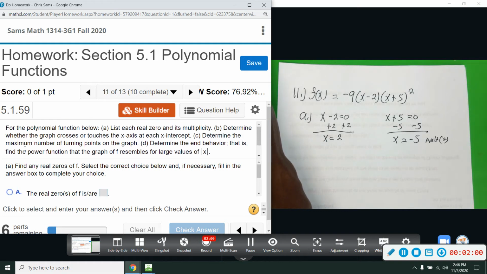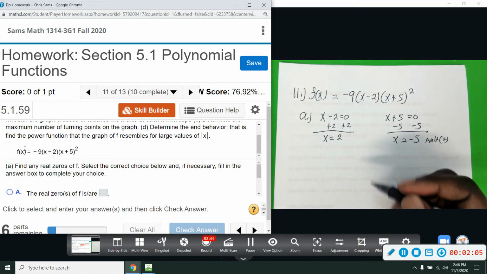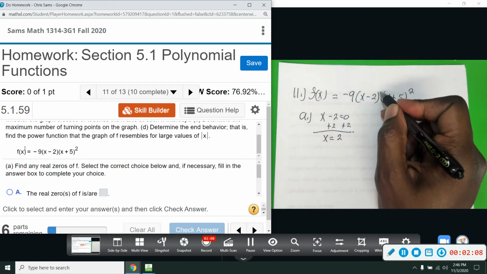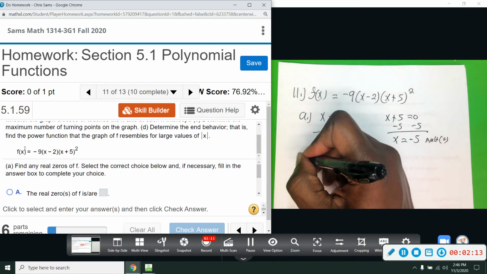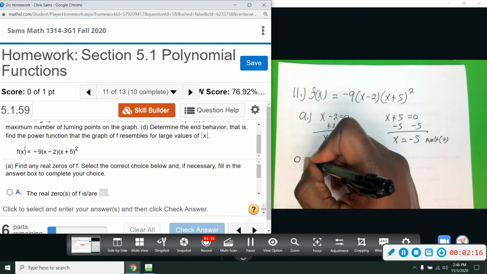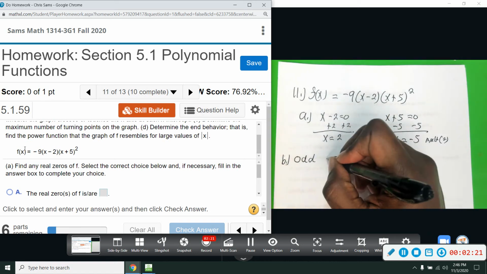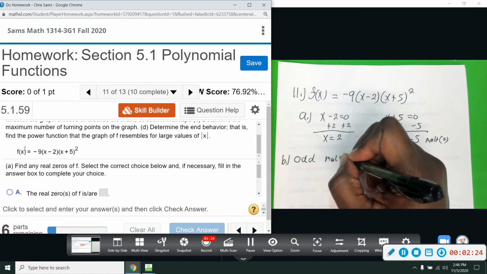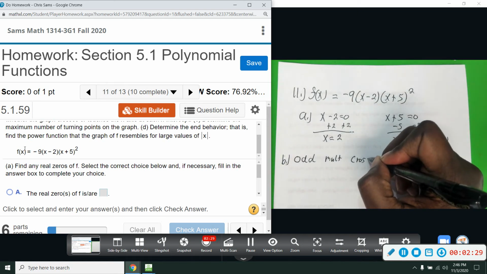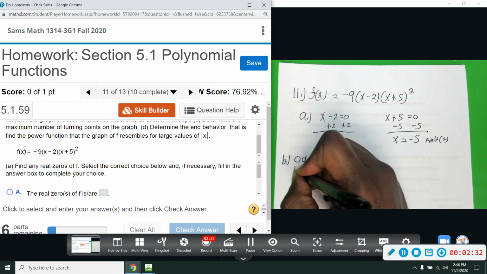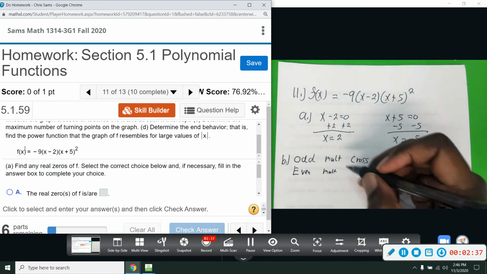All right, part B, determine whether they cross or touch. So how do we know if they cross or touch? You look at the power or the multiplicity. So odd multiplicity will cross, even multiplicity will touch.